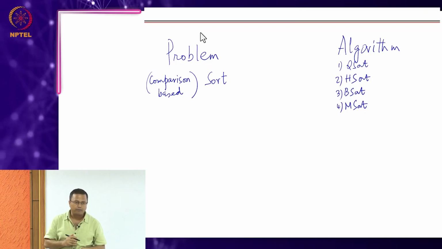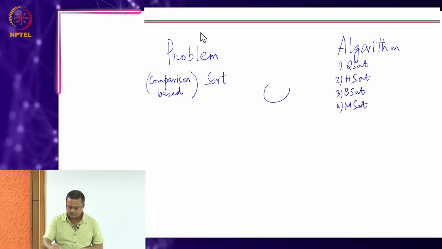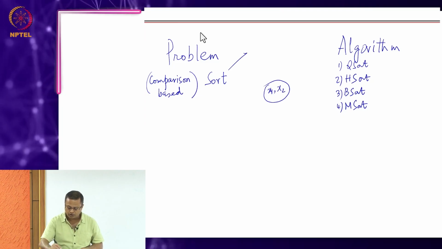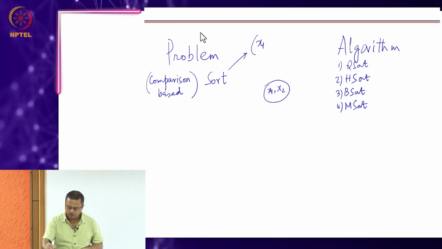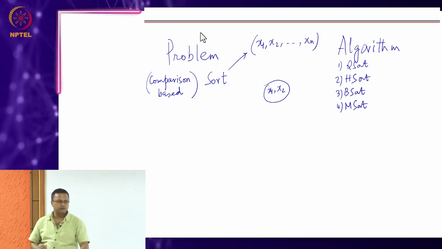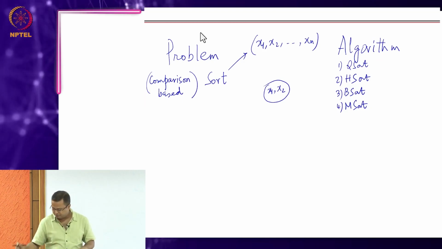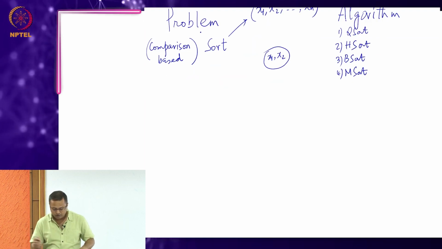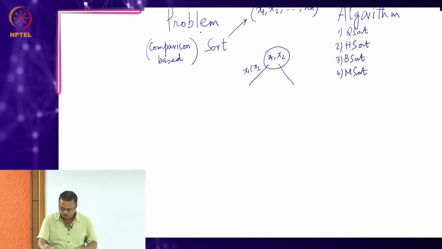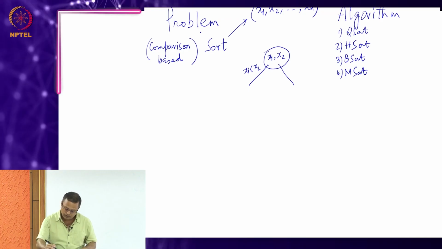Now, think of the sorting problem and the relevant machine for it. What it can do is compare, say, two numbers x1, x2. So, in sorting what do you have? You have n numbers, and you compare and then do certain things.